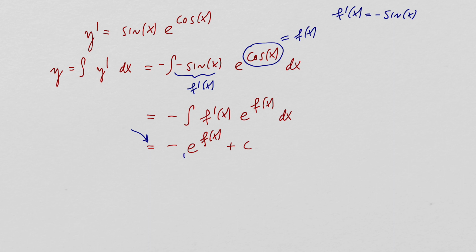If you differentiate this, you will get this by the composed function differentiation rule. So our integral is minus e to the power cosine of x plus some constant. And this is our solution. y is equal to this function.